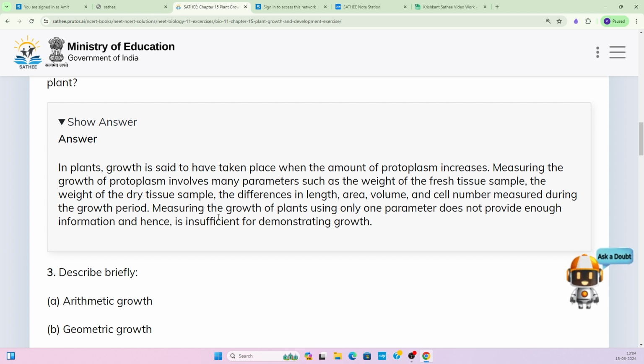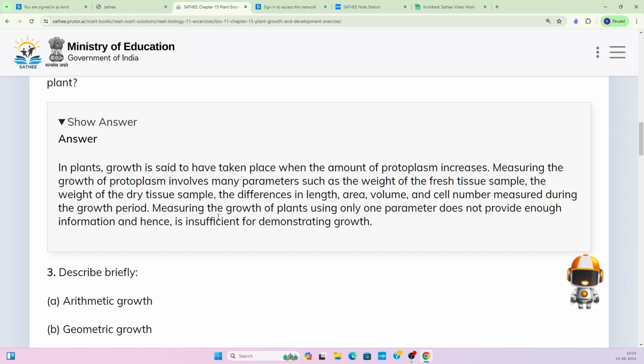So measuring the growth of protoplasm involves many parameters, such as weight of the fresh tissue, weight of the dry tissue, and differences in length, area, volume, and cell number measured during the growth period.